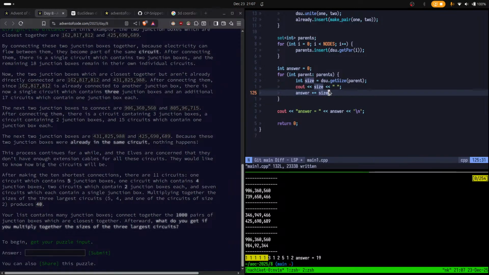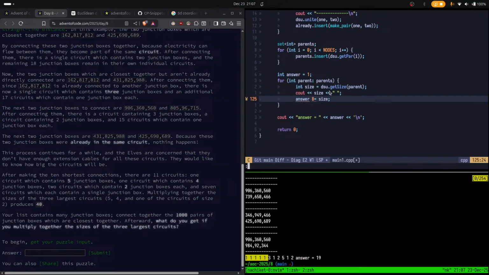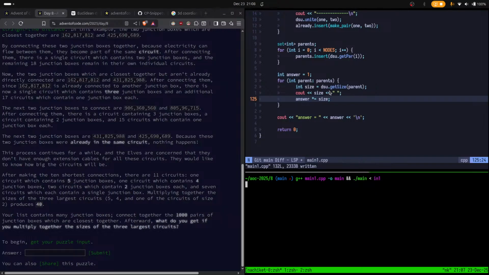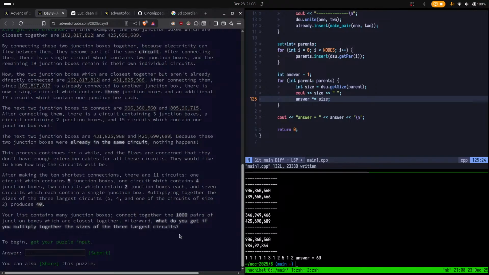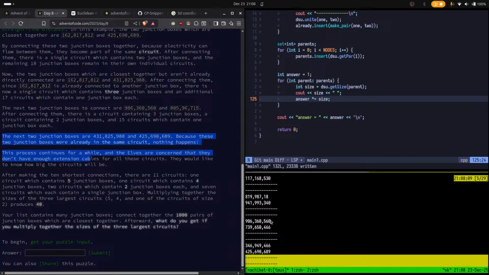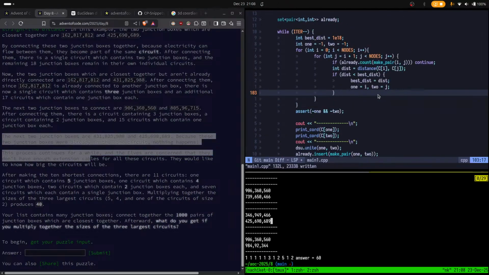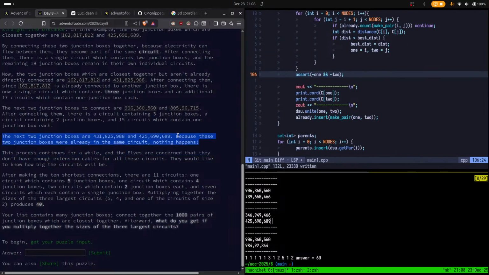And there should have been a list. 10 shortest connections, 11 circuits. Have 11 here. 11 is correct.